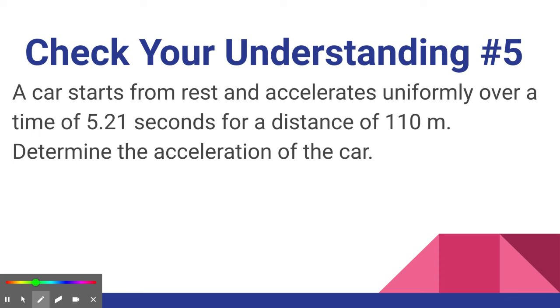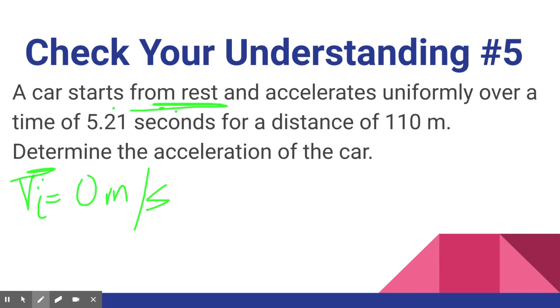Okay. The car starts from rest, so my initial velocity is 0 meters per second, and it accelerates uniformly over a time of 5.21 seconds. This is the tricky one: it's for a distance of 110 meters. Oh, that's weird.